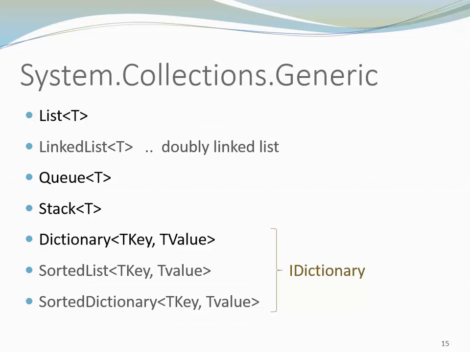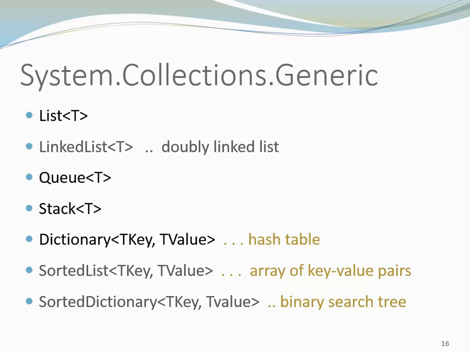All three of these implement the interface IDictionary, but they use different data structures in their implementations, which lead to different performance characteristics. Take a moment to look at the documentation. I think you'll find it interesting, especially when you have already taken the Algorithms and Data Structures class.